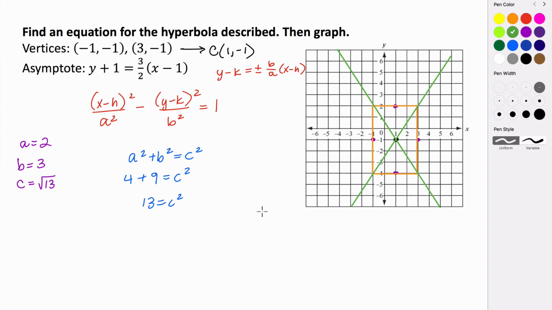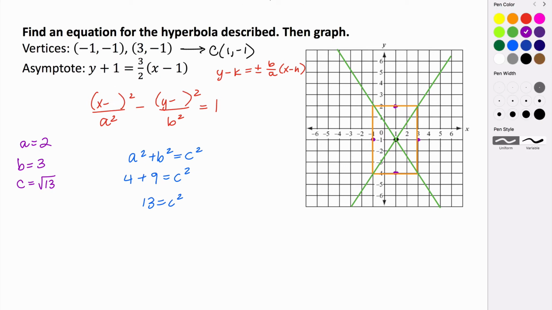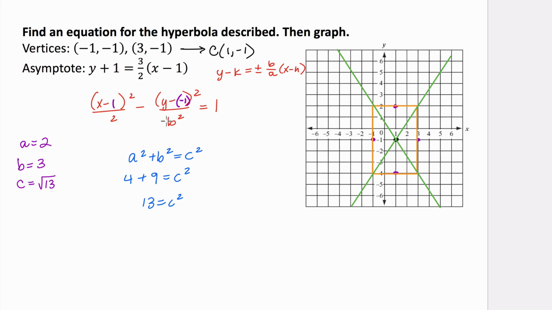And so we can go ahead and write the equation. So let's fill in the information that we know. We know that h and k are 1 and -1 respectively. So 1 and -1. And we know that a and b are 2 and 3.